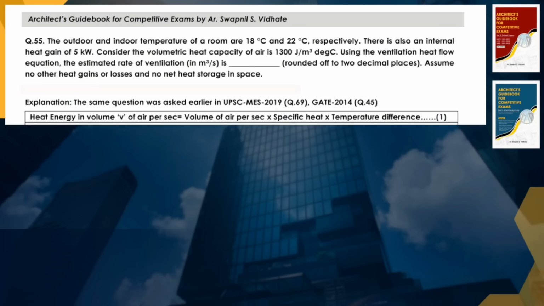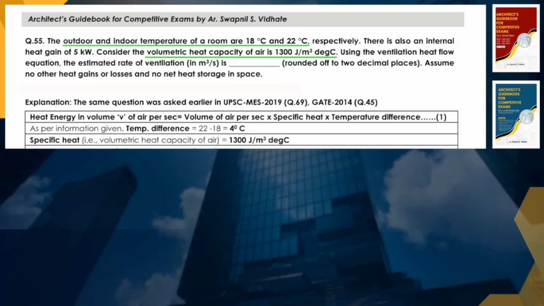Heat energy in volume V of air per second is calculated by the formula that it is equal to volume of air per second multiplied by specific heat multiplied by the temperature difference. This formula we have already discussed in the previous year question paper. So what is the information provided?